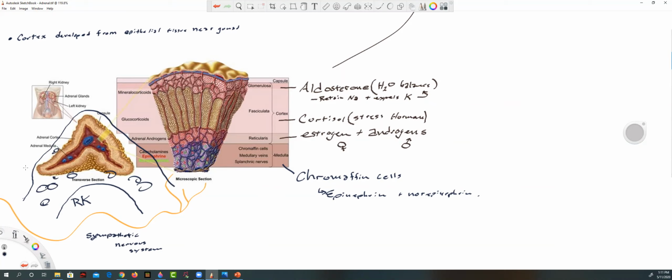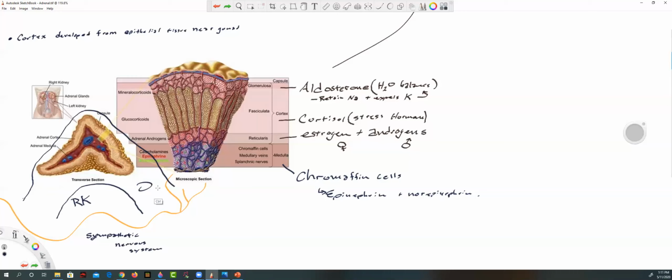However, it is very independently tied in. So if the kidney were to be removed or to slide out of place or be ectopic, this gland still is in the same location because it has its own attachments.